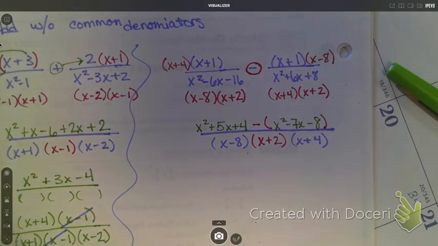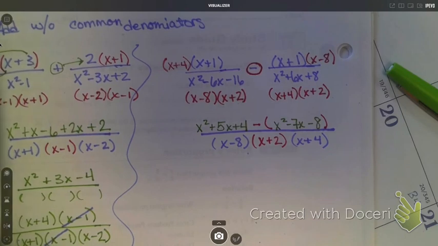So we do have x squared plus 5x plus 4 minus the quantity x squared minus 7x minus 8. Wait, x squared minus 7x minus 8? Yes. Okay. So everyone good?